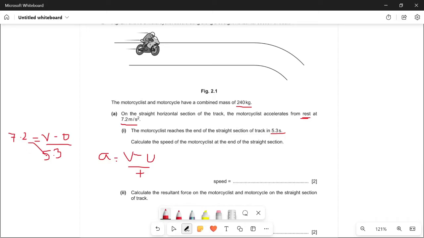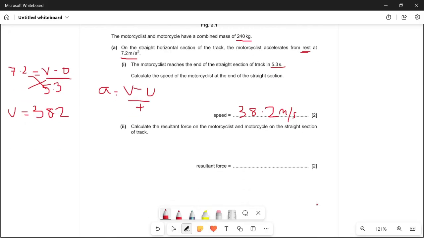So we can cross multiply. So v is equal to the acceleration times the time, which is 7.2 times 5.3, which gives 38.2 meters per second. That's going to be our final answer.